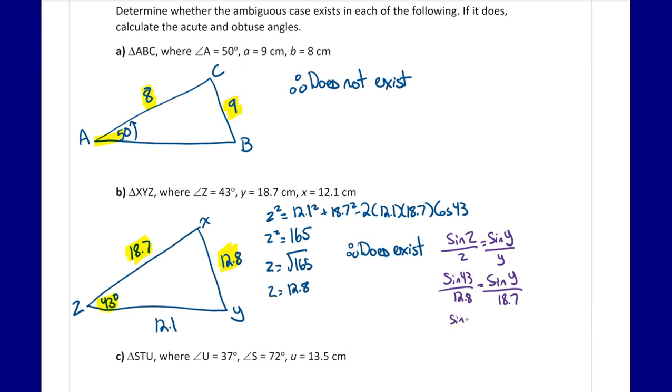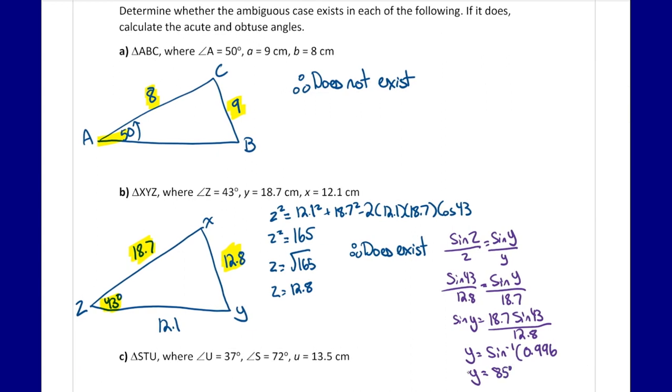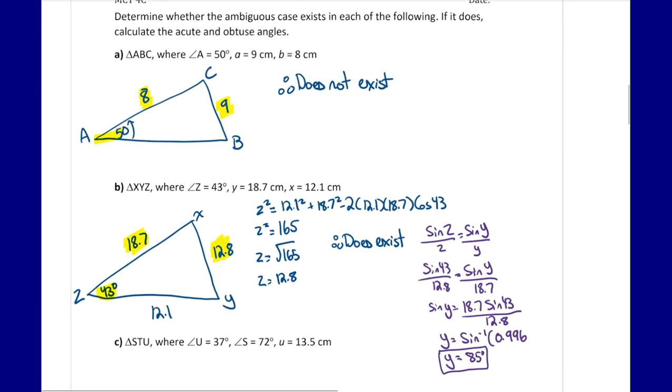We get sine y equals 18.7 sine 43 divided by 12.8. Y equals the inverse of sine of 0.996. We get y is equal to 85 degrees. So again, that is our acute angle.